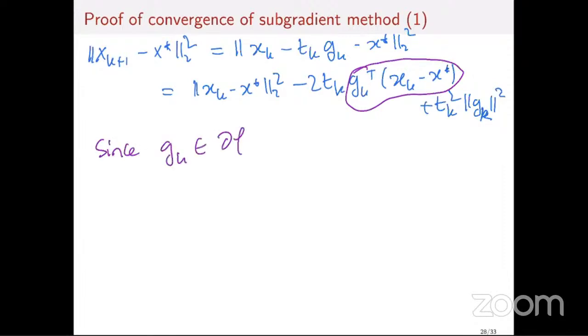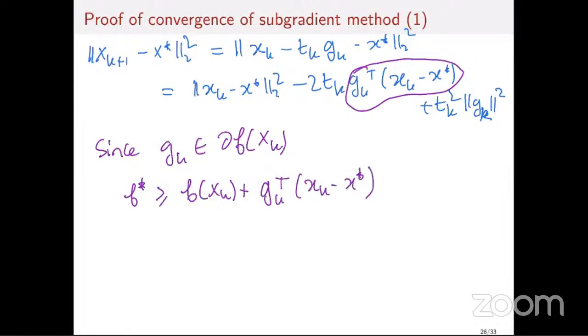Since g_k is a subgradient of f at x_k, what I know is that f star is bigger than f of x_k plus g_k transpose (x star minus x_k). Sorry, it should be x star minus x_k.